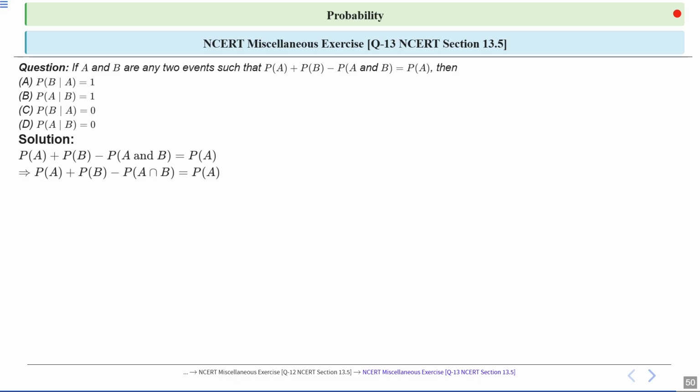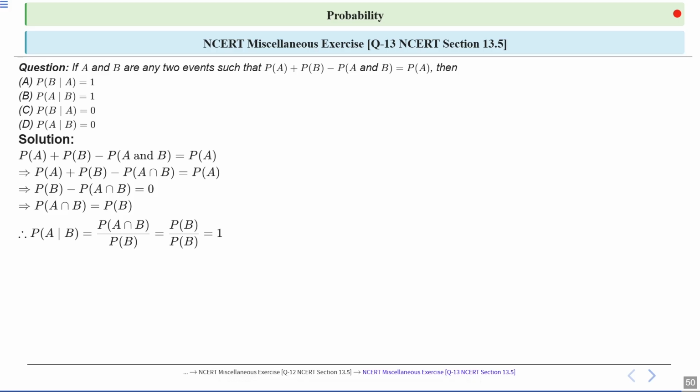Probability of A plus probability of B minus probability of A intersection B equals probability of A. It implies probability of B minus probability of A intersection B equals 0. It implies probability of A intersection B equals probability of B. Therefore, probability of A given B equals probability of A intersection B by probability of B equals probability of B divided by probability of B equals 1. Thus, the correct answer is B. So option B is the correct answer. I hope this question is clear to all of you.